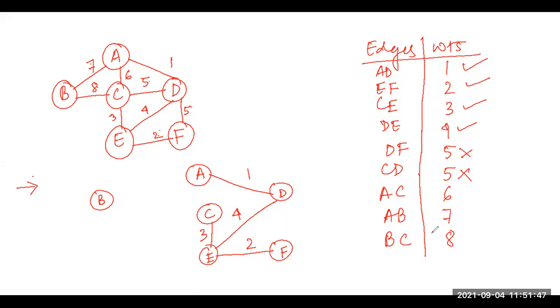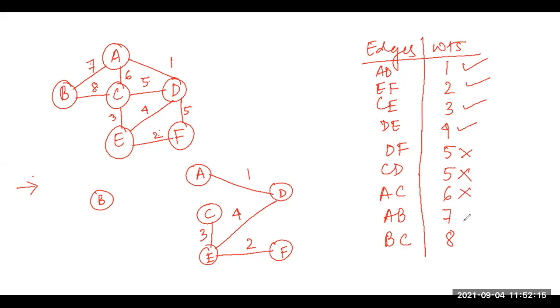Next, I will go to AC. Will I include AC? No, ma'am. Why should I not? Because ACED will be a cycle, right? So I won't include AC even if it's 6.